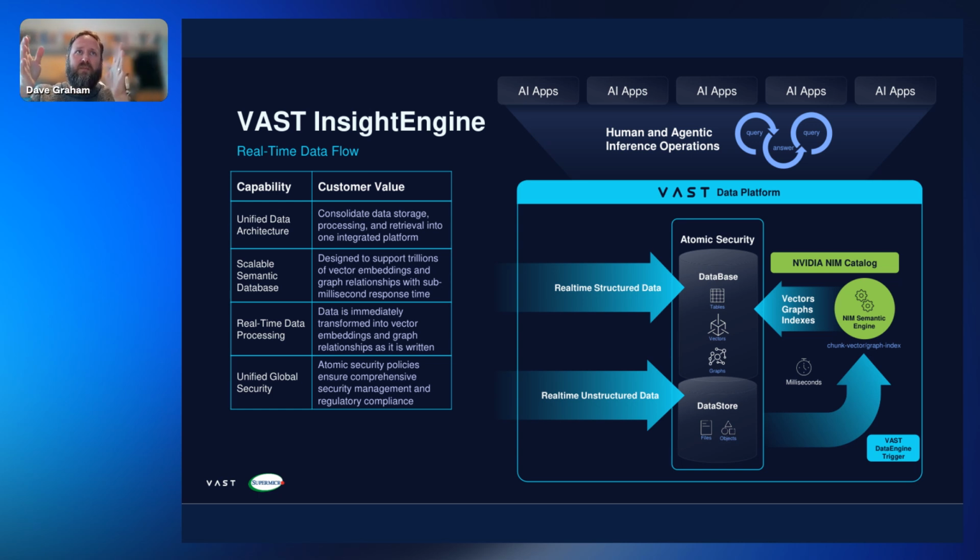Again, we want to keep data movement to a minimum, letting data exhibit the gravity it needs in the places where it needs to, by having a singular, co-located database format for the vectors and graph embeddings, as well as having those files and objects available for any other applications that need them. And do it all within a secure multi-tenant environment.